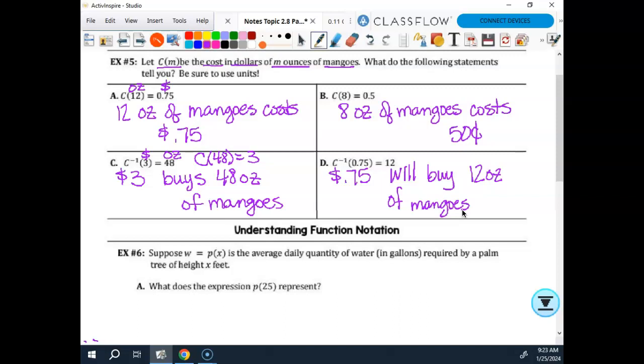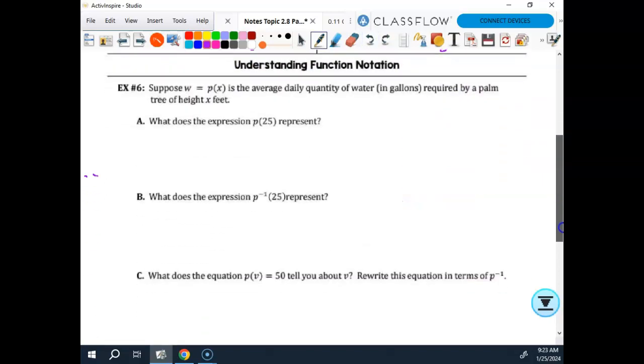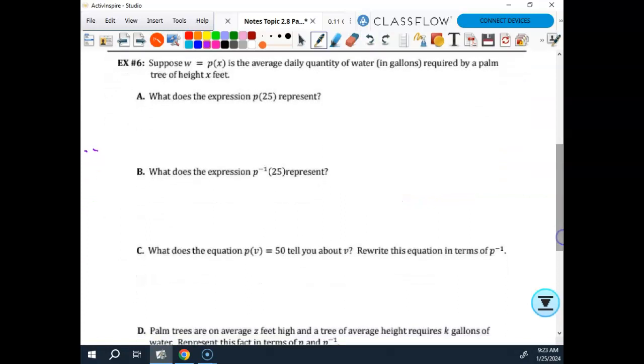Just one of them is written as an inverse, because I could rewrite this as C of 12 equals 0.75. It doesn't look like a 7.5. Any questions at all? Beautiful. Let's look at this one.